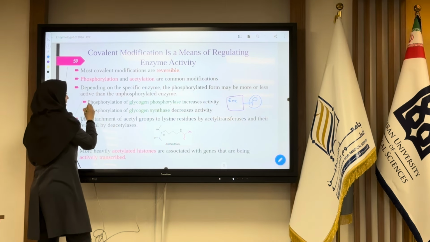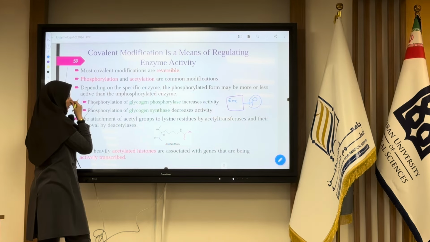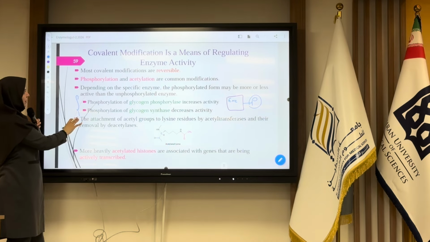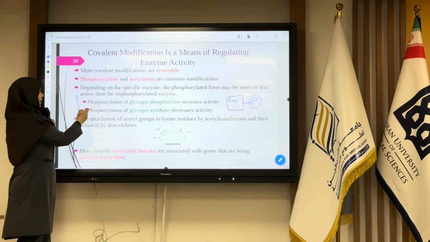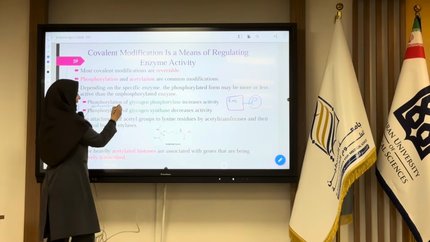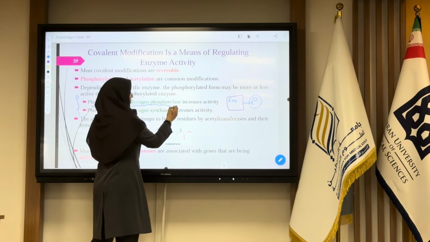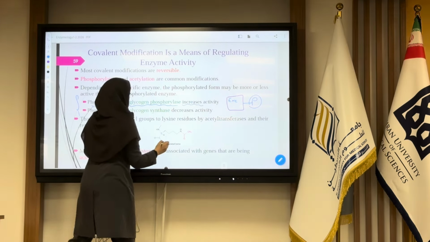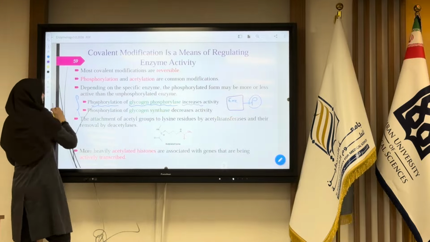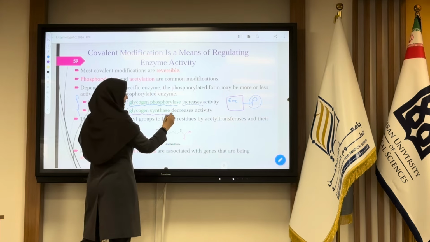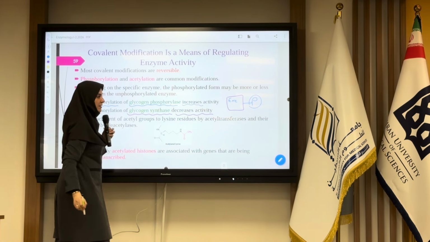For example, maybe I ask you some true and false, especially these two lines are important for me. Okay, in this slide. For example, if you add a phosphor to this enzyme, glycogen phosphorylase, you increase its activity. In contrast, if you add a phosphor to glycogen synthase, you decrease the activity.